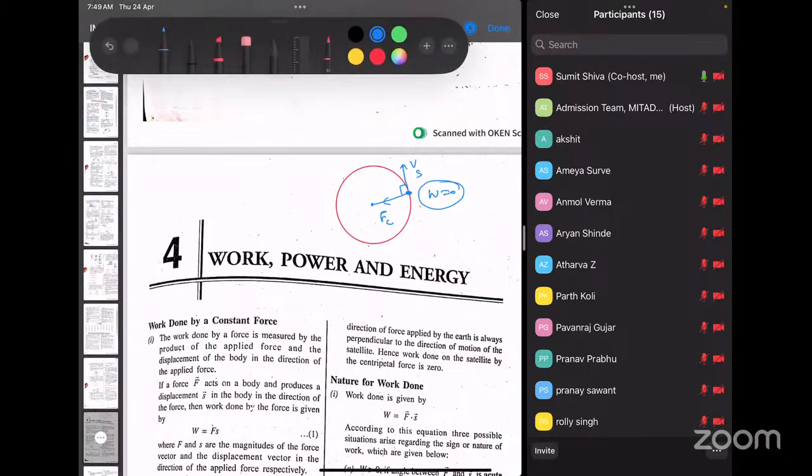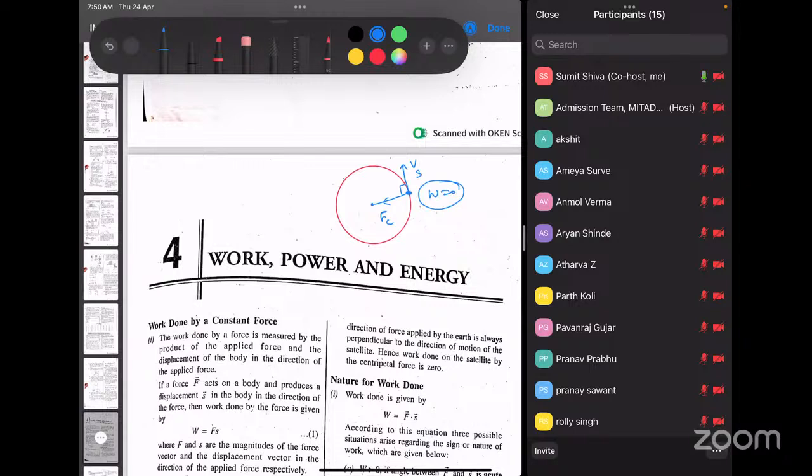This is a good example in planetary motion also. In that case, the sun will be at the center of an orbit, and Earth or other planets will revolve around the Sun. Gravitational force works as centripetal force.